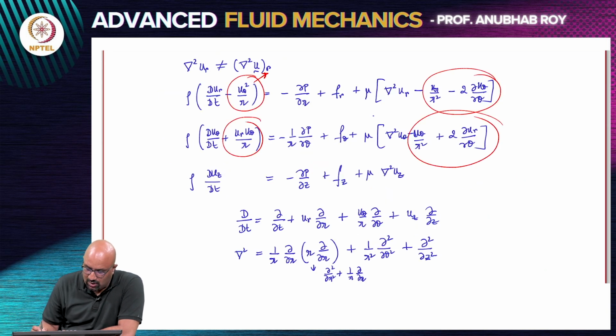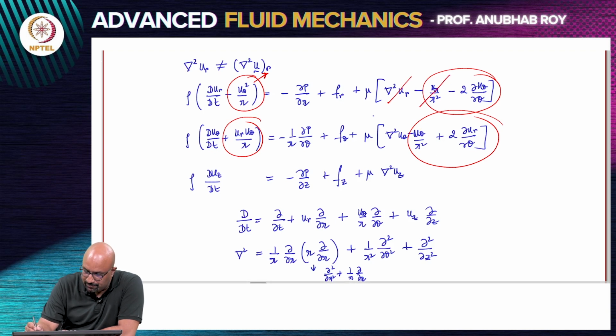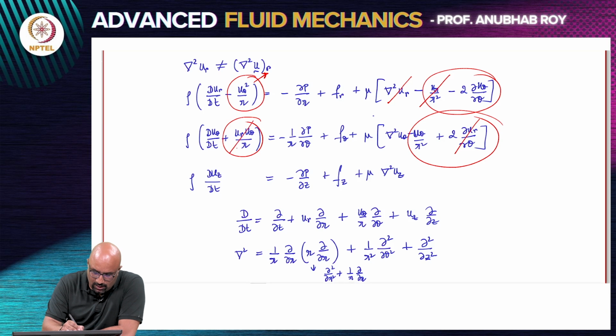In the momentum equation, if I look at the terms, I don't have any radial velocity, so I'm going to cross these terms out. I have axisymmetry, so I'm going to drop that particular term, and that particular term. And then I'm not looking at any body force, so I'll drop all that term.